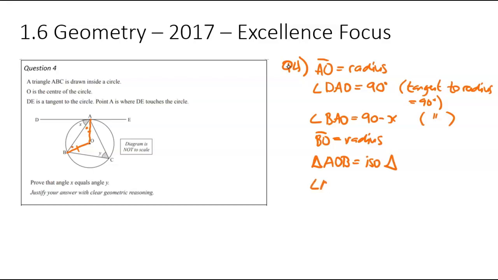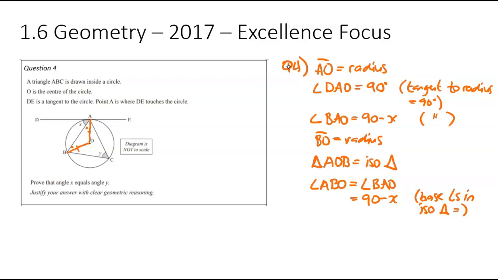So angle ABO will be equal to angle BAO, which is equal to 90 degrees minus X. And that's because base angles, I should be more specific, base angles in an isosceles triangle are equal to each other.